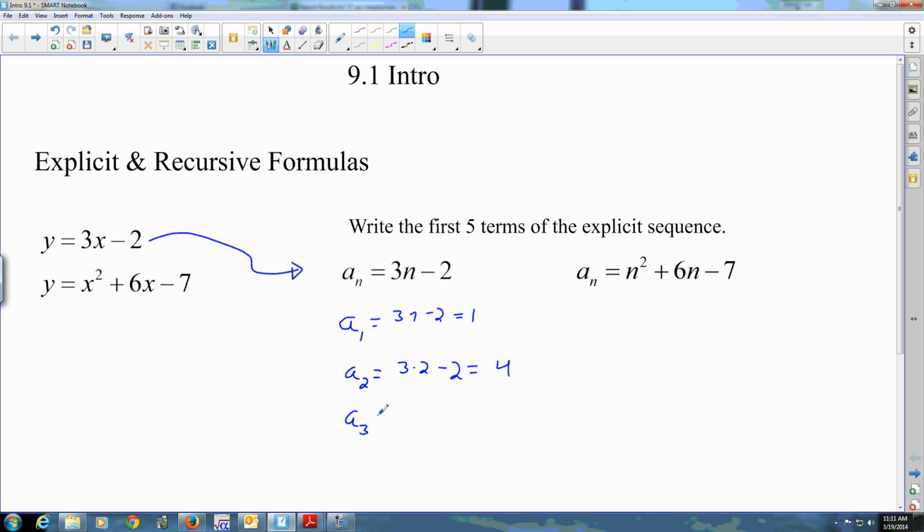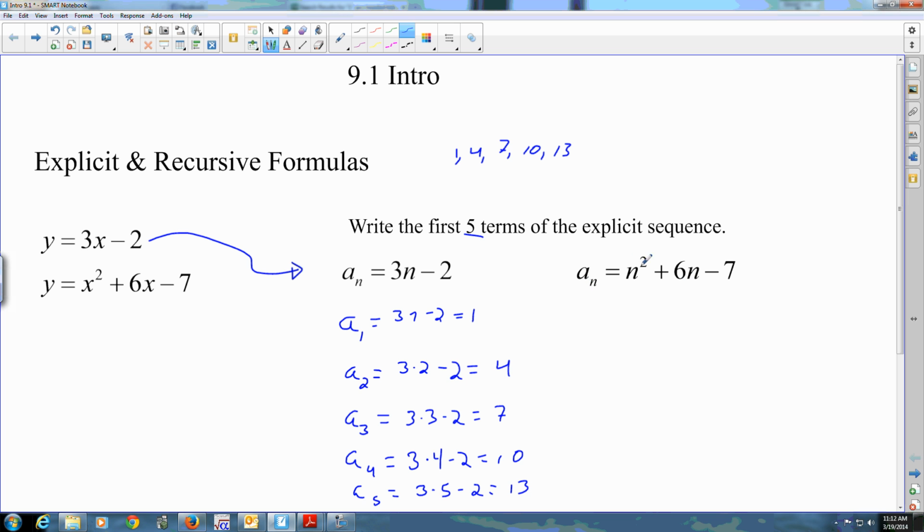Okay, a sub 3, take a 3 and fill it in. So 3 times 3 minus 2, so that would be 7. A sub 4, because I'm looking for the first 5 terms. Take a 4 and fill it in. And a sub 5, 3 times 5 minus 2 is equal to 13. This would be the first 5 terms in the sequence. So the sequence will go 1, 4, 7, 10, 13.